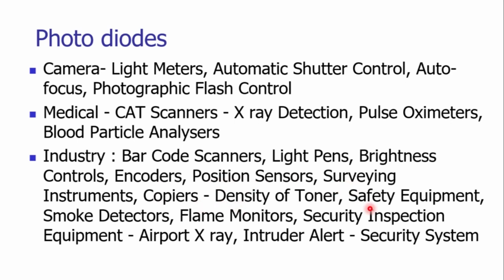One important application of photodiode is in safety equipment, like detection of smoke and monitoring of flames. These diodes are also used for security inspection equipment such as X-ray scanning instruments, and intruder alert alarm systems, and so on.